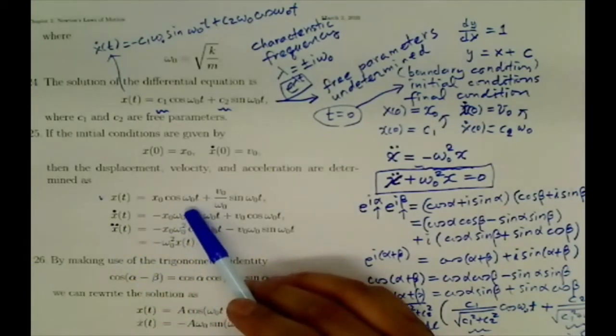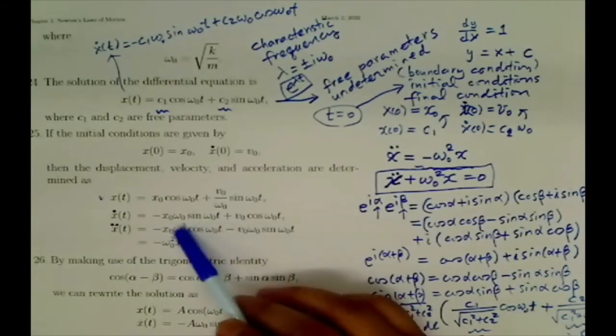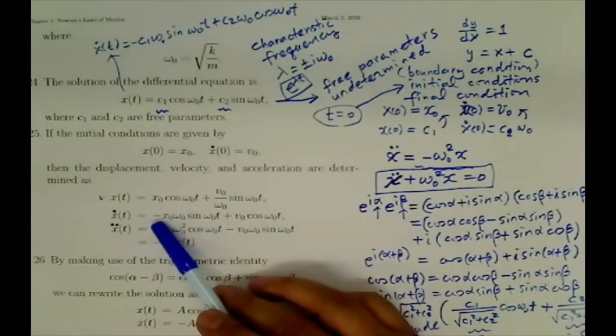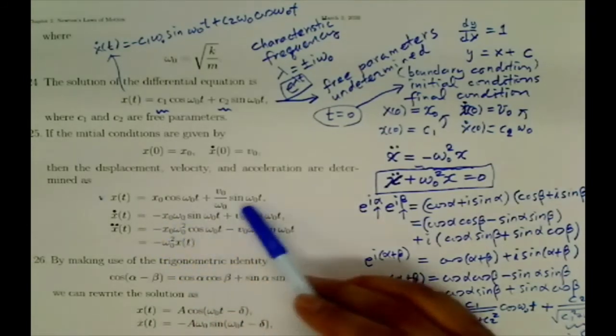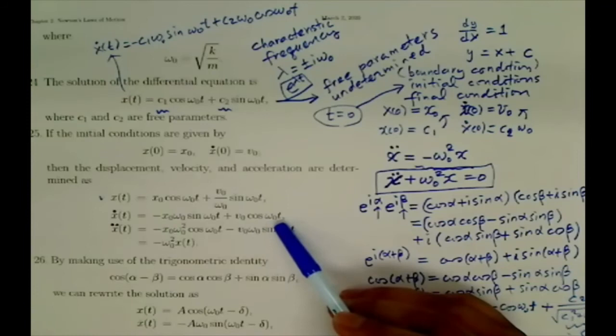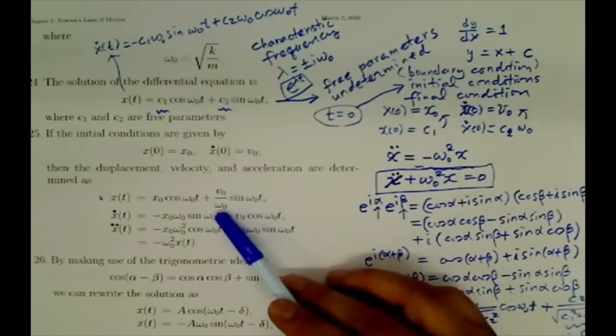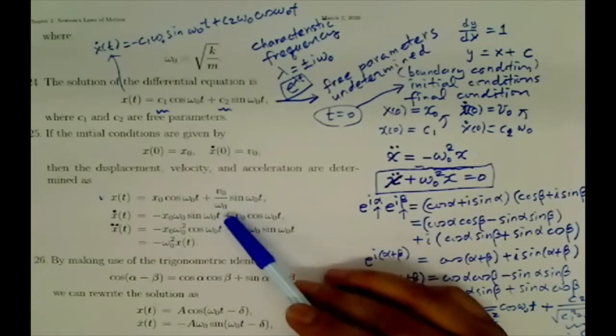If I take the derivative, cosine becomes minus omega 0 sine omega 0 t. So x0 is still there, but the only difference is minus omega 0. Here, if I take the derivative, sine becomes cosine omega 0 t, and the additional factor of omega 0 cancels the denominator factor omega 0.